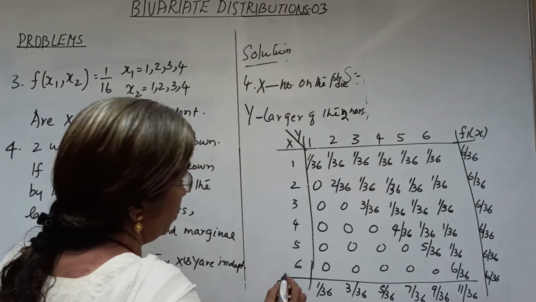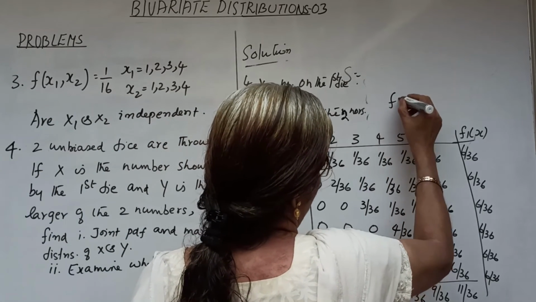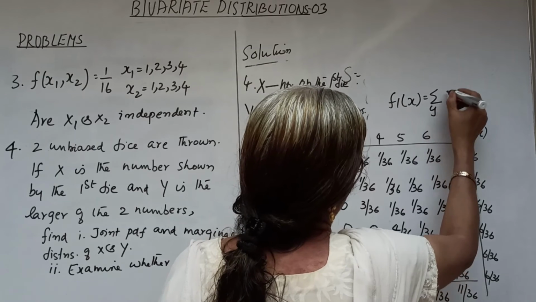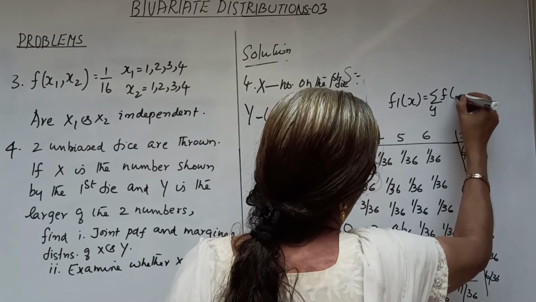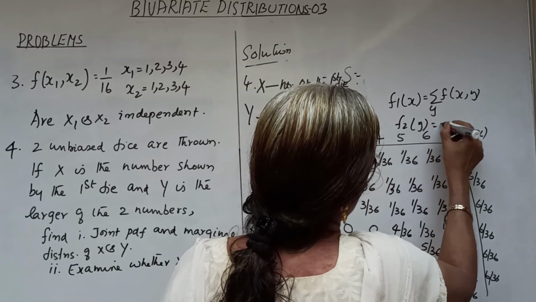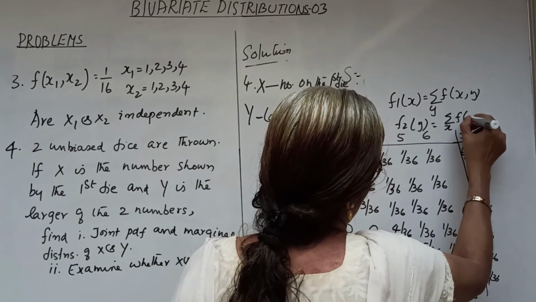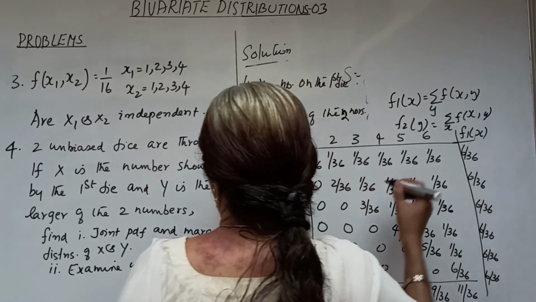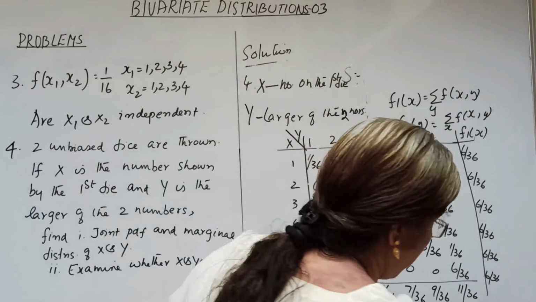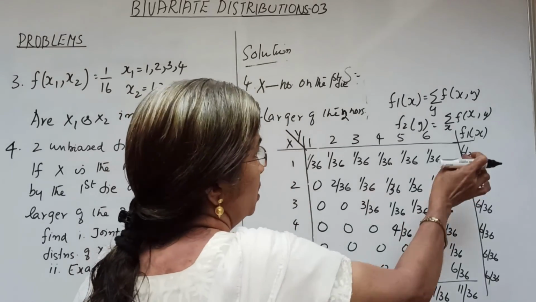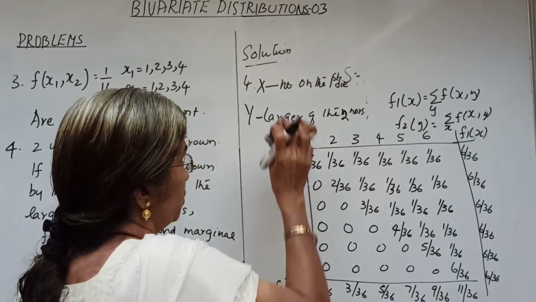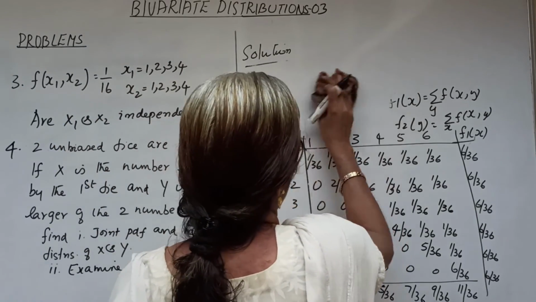That is, we have defined F1(x) equal to the sum over y of f(x, y), and F2(y) equal to the sum over x of f(x, y). And here we have been asked whether x and y are independent. Let us check. 6 by 36 into 1 by 36 is not equal to 1 by 36.